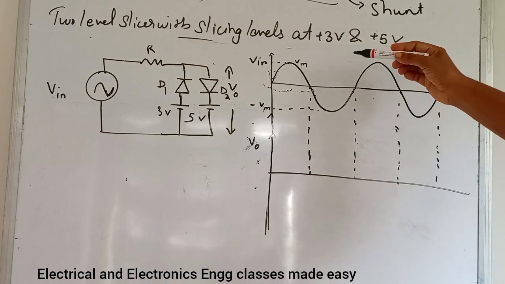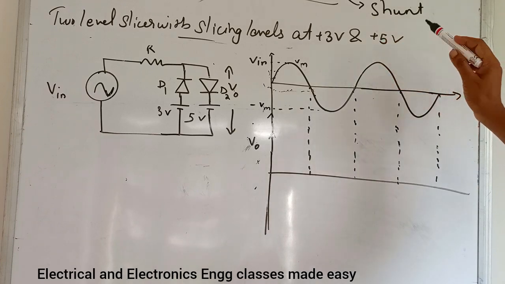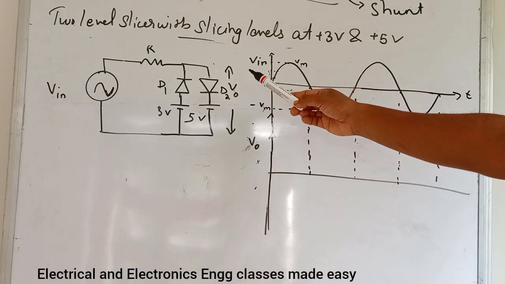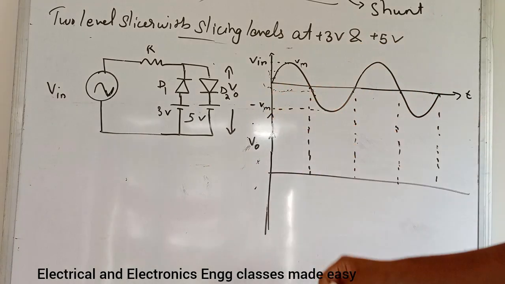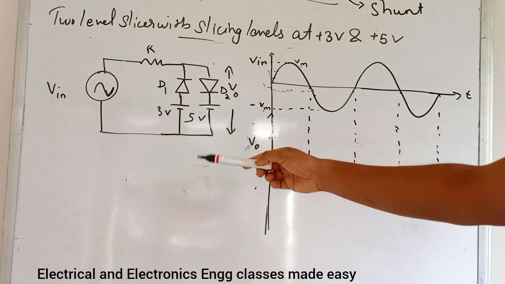Next is two level slicer with slicing levels at plus 3 volt and plus 5 volt. So this is the circuit diagram for that. So there are two diodes D1 and D2. So this is 3 volt and this is 5 volt.